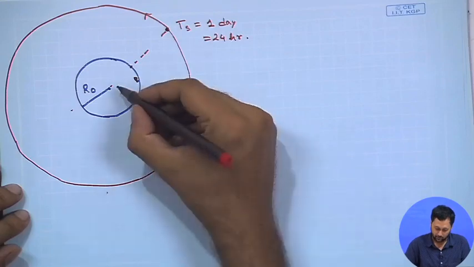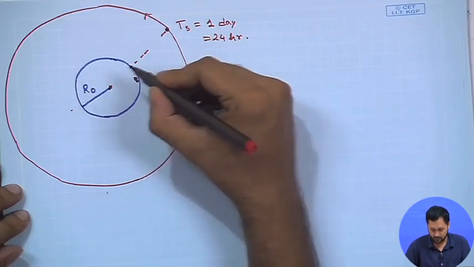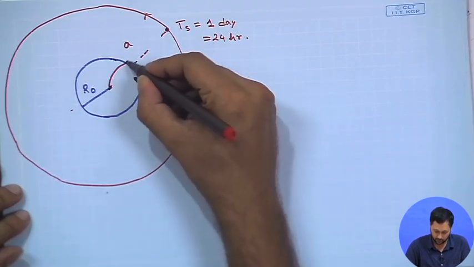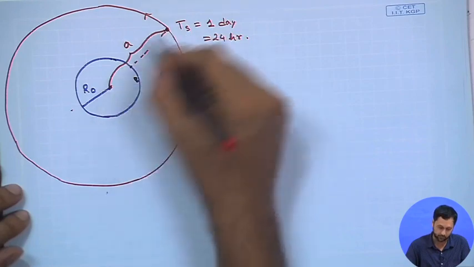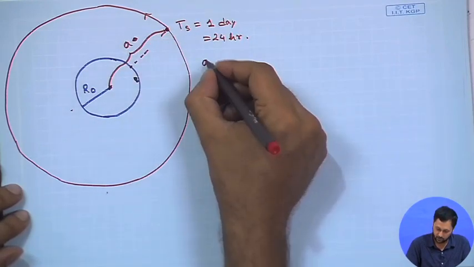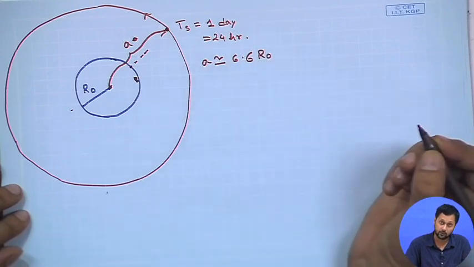And we have seen that the average radius, which is given by this length a measured from the force center, is approximately 6.6 R0.